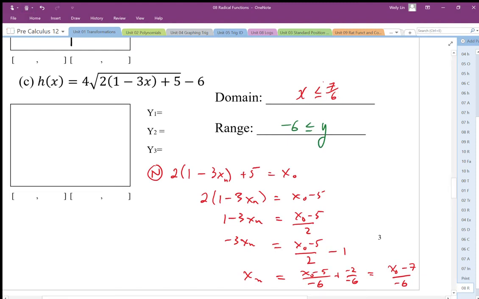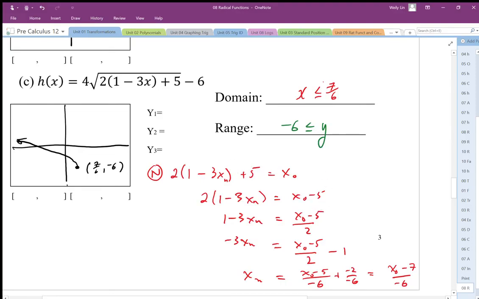So when I draw this in, I've got a vertex at positive 7 over 6, and negative 6 is going up and to the left. So it's going to look something like that. The vertex is at 7 over 6, and negative 6 is the y coordinate, going to the left. Sometimes it's easier to use transformations.